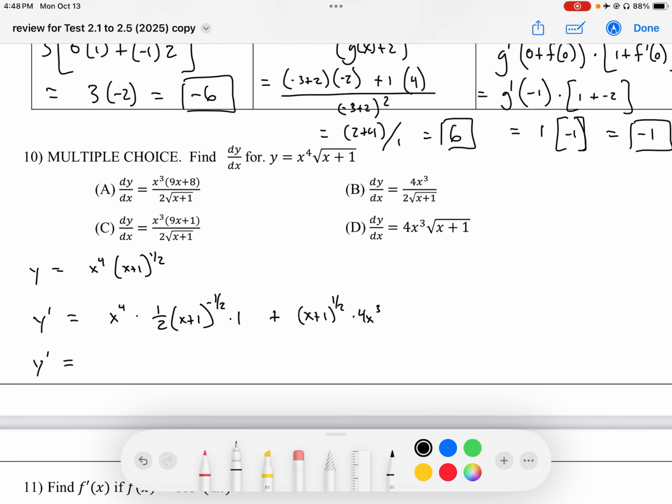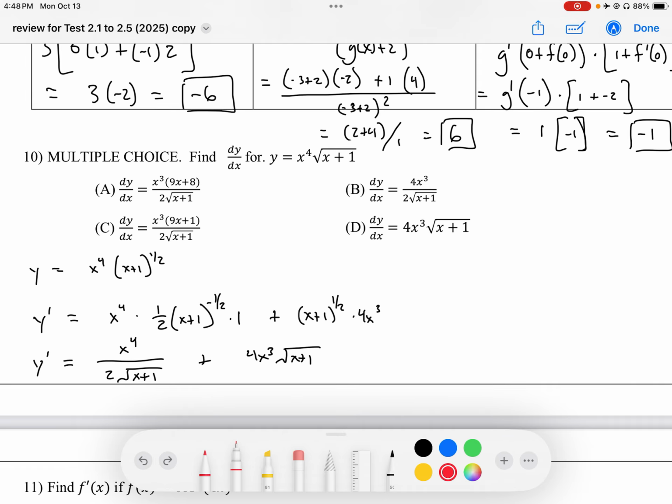Okay, so first of all, this becomes x to the 4th over 2 times the square root of x plus 1 plus 4x cubed times the square root of x plus 1, right? This exponent right here means put that down in the denominator and have it be a square root.